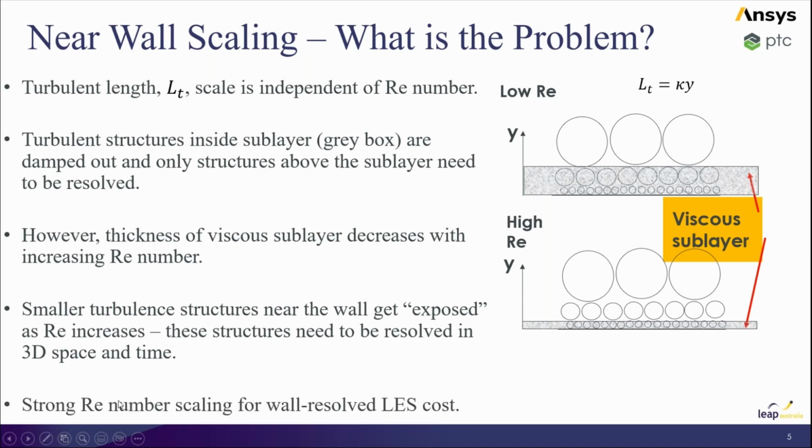So it's really a very strong scaling if we're going to resolve it at a wall. Now, other applications where you've got like a jet in a flow, you don't have much importance of the walls, and large eddy simulation is super easy there. It's really when you've got any sort of wall that the difficulties arise.